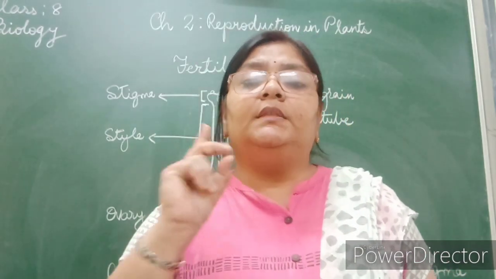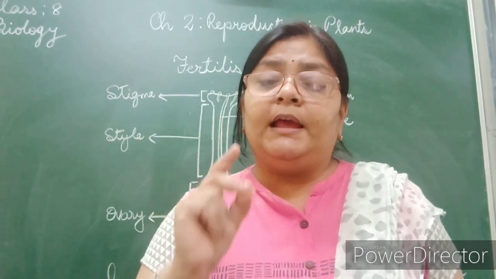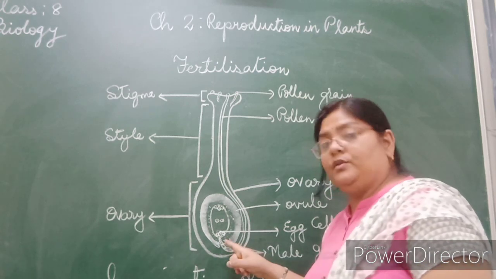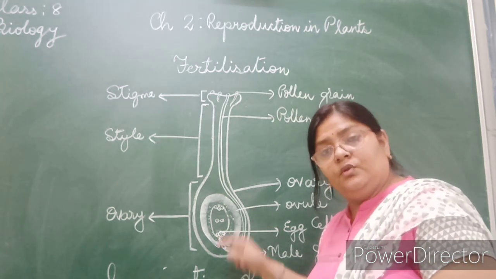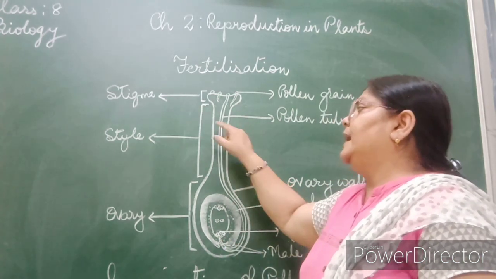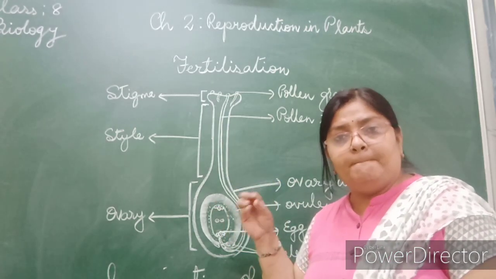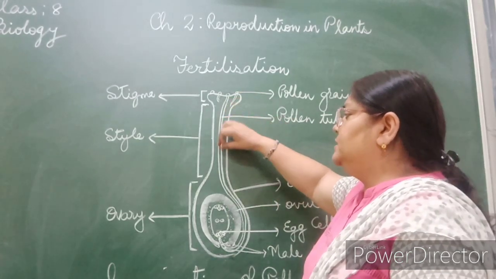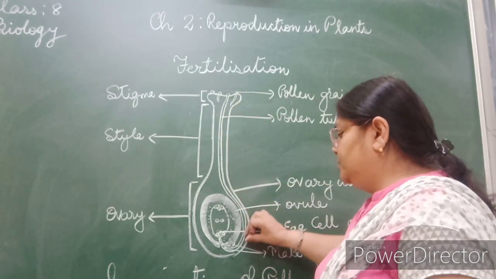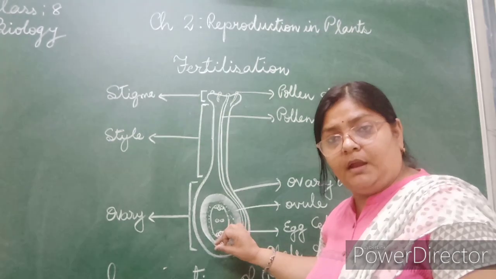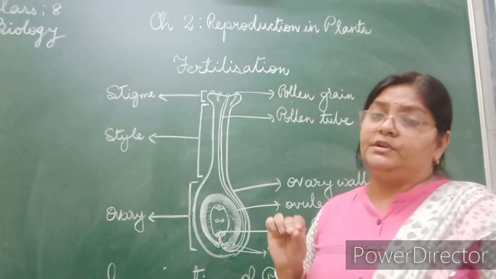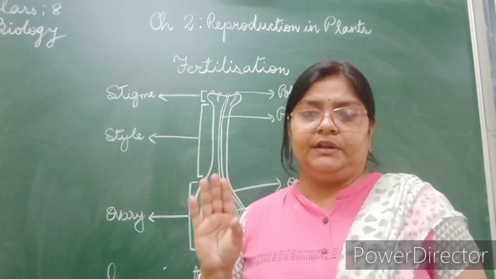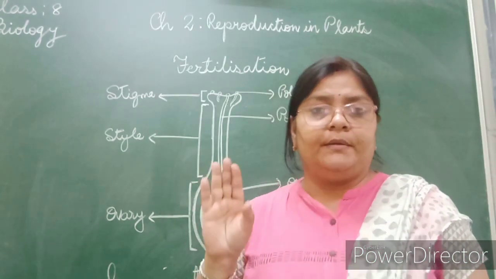Out of them, the tube nucleus helps this pollen tube to reach the micropyle. It keeps on dissolving any tissue coming on the way by producing enzymes, chemicals, and leads the pollen tube towards the micropyle. Once it reaches the micropyle, the tube nucleus degenerates, gets destroyed.